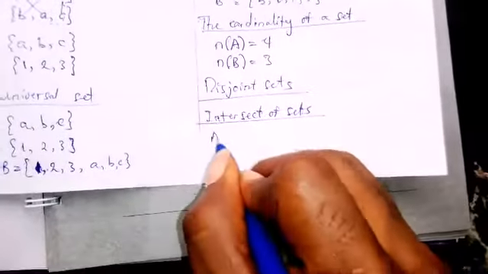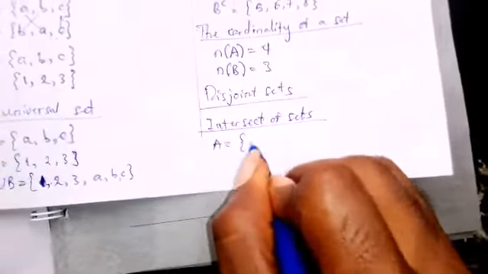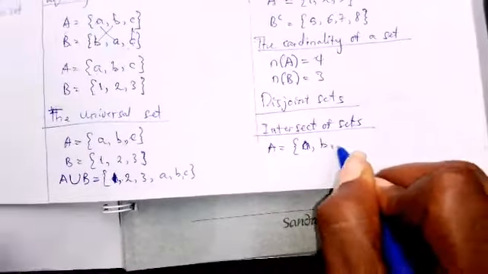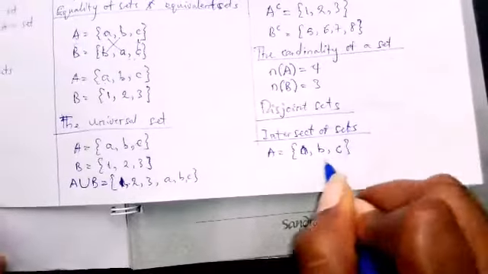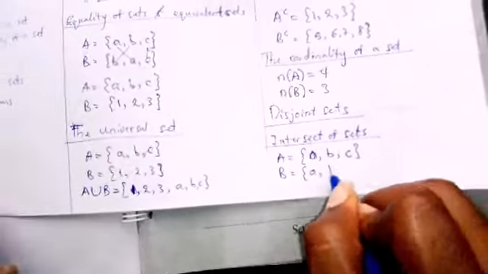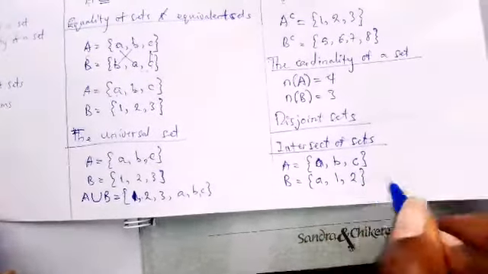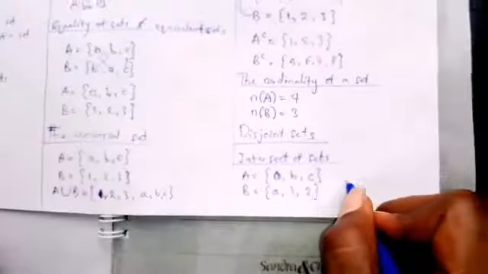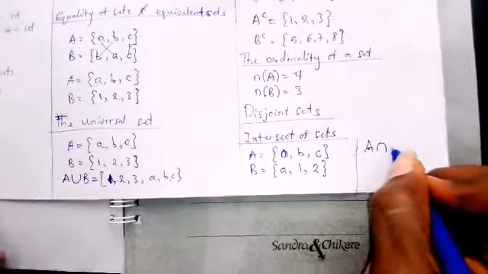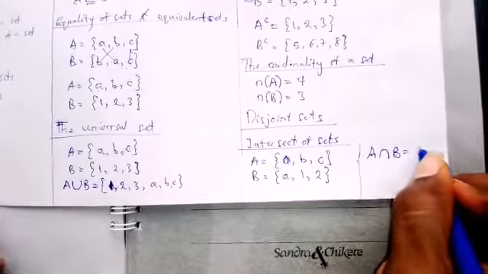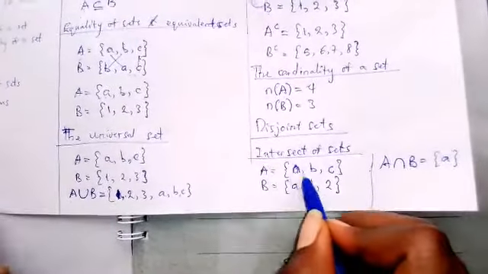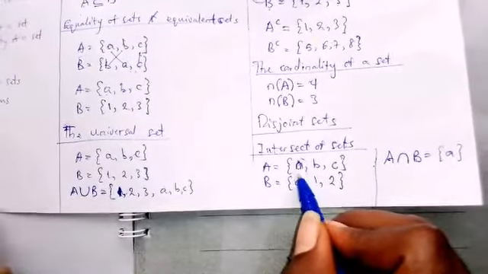If we have a set A, B, C, and another set A, 1, 2, now the intersect of these two sets, which is A intersect B, will give us what? Will give us A, because they have A in common.